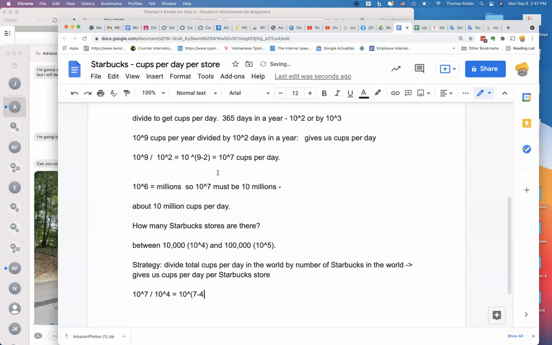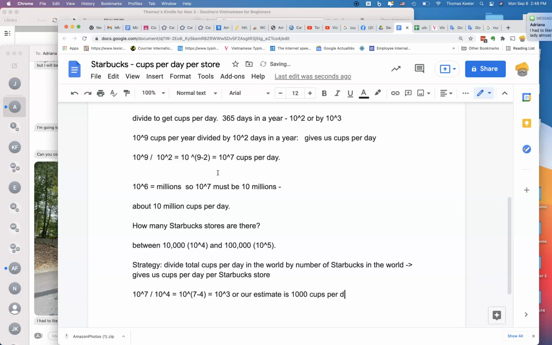And the nice thing is we just need to subtract, right? It equals 10 to the 3rd. Or our estimate is 1,000 cups per day per Starbucks.